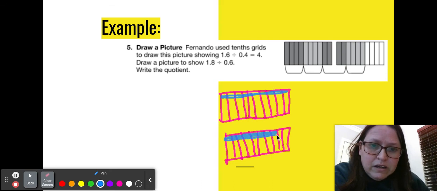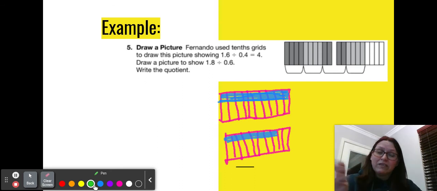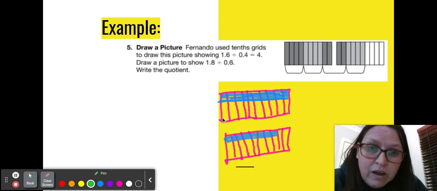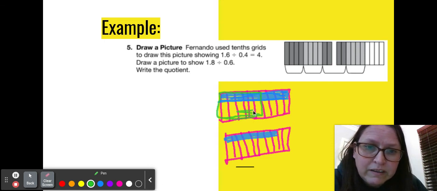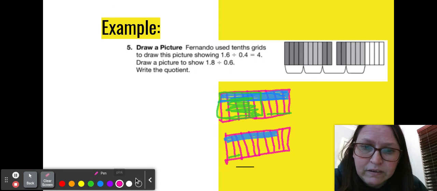I'm leaving it partly colored because now I have to divide them into 0.6. So 0.6 means I need to take sections with 6 of these little slices in it. And so I've got 1, 2, 3, 4, 5, 6. So this right here is one of my slices of 0.6. This next one is 1, 2, 3, 4, 5, 6. So let me do that one in red.